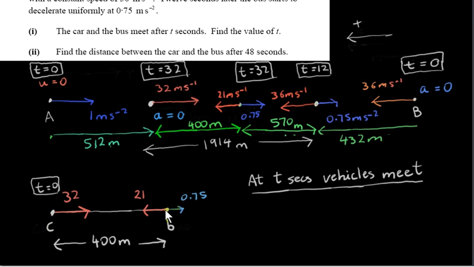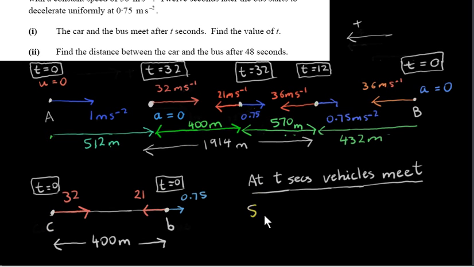And for particle B, at t equals 0, it's here. So this point and this point correspond to this point and this point. This is the car, this is the bus. And I've written in the magnitudes of the velocity vectors in red, and the bus has an acceleration 0.75. The car has no acceleration. And the distance between them is 400 meters.